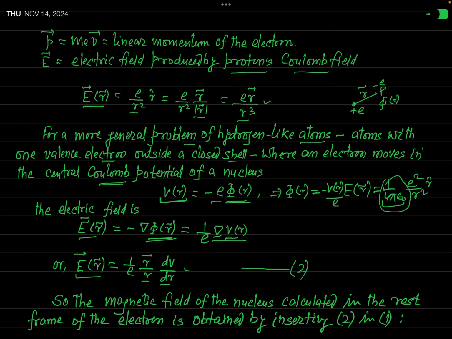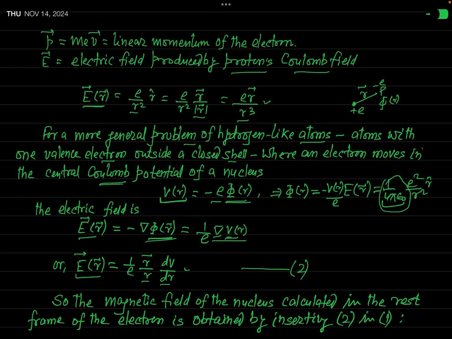So the electric field produced at the site of the electron by the proton, treating the potential created by the proton as just a Coulombian potential, you can express in this manner.